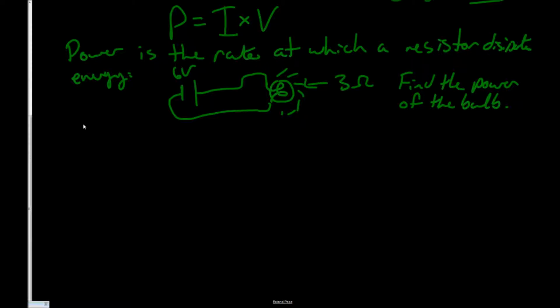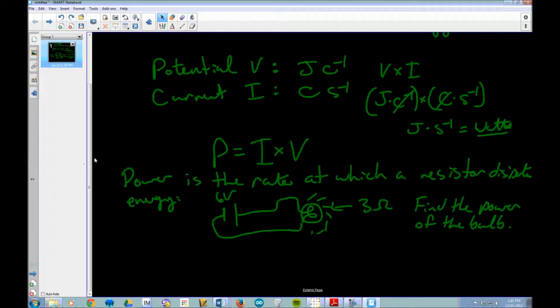Okay, so the first thing we have to do is figure out current. Before we can do power, we have to find current. Well, that's technically not true, but with the formulas we have, we do have to do that.